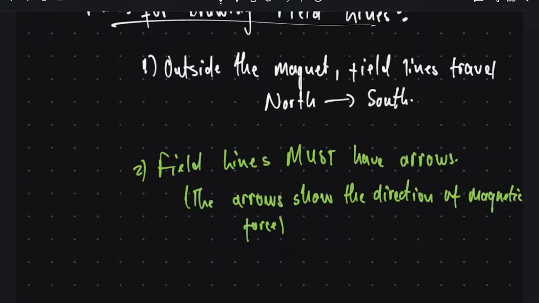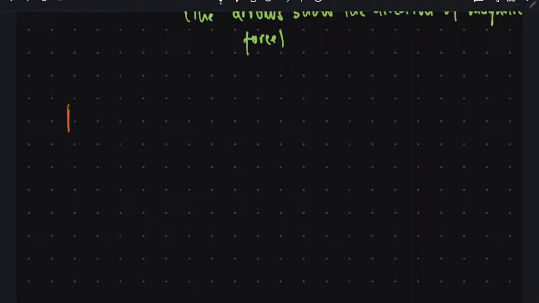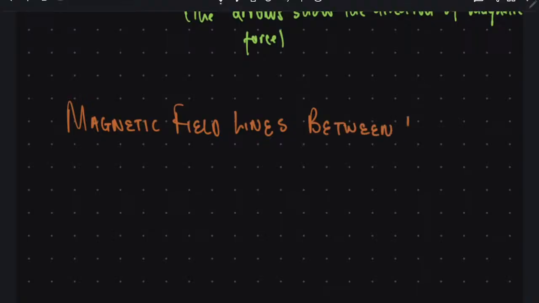Right. Now let's do the second type of field lines you need to know. You need to know only 2 types. Everybody has seen the field around a bar magnet, right? Now I want you to say magnetic field lines between 2 bar magnets.